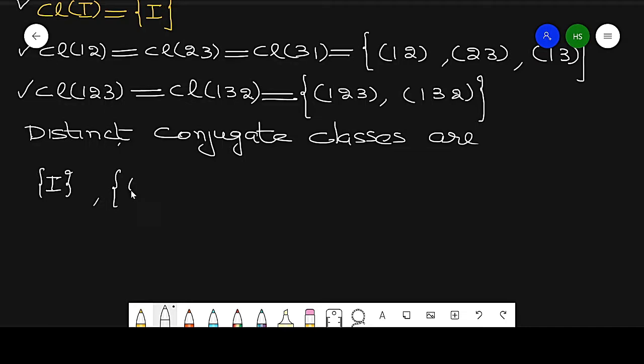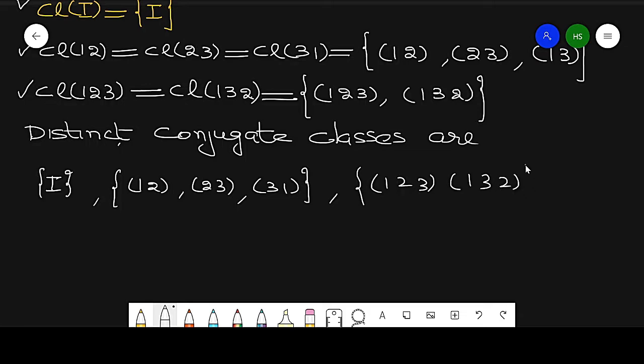Second consists of (1 2), (2 3) and (3 1), and third is (1 2 3) and (1 3 2). So these are the distinct conjugate classes of S3. Now verify the class equation. We have only these distinct conjugate classes.